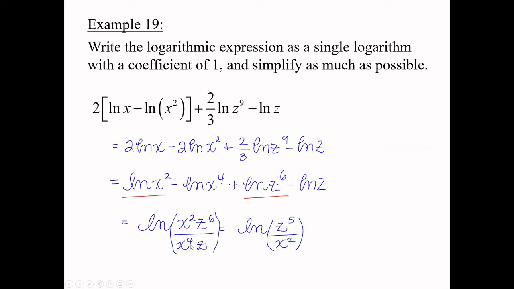Now, we can do some canceling. z goes into z to the 6th, z to the 5th times. x squared over x to the 4th becomes 1 over x squared, because these two cancel out 2 of those. So this becomes our final solution in this problem.